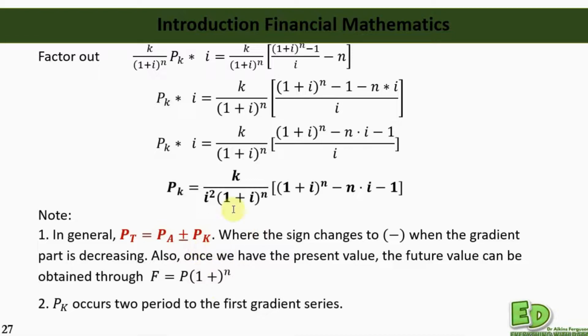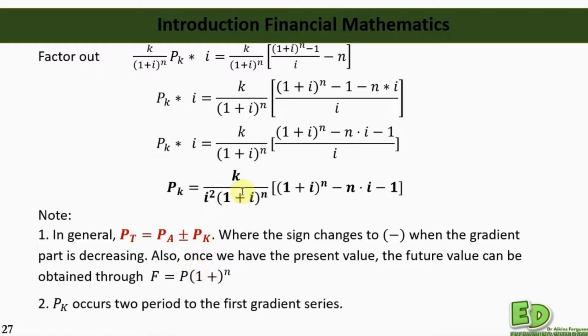The constant increment can be a positive value, which is an inflow, or it can be a negative value, which is an outflow. It could be that the salary you are receiving is reducing by 200 cedis, or it is increasing by 200 cedis. That is what the plus or minus here is trying to say. So if it is decreasing, you subtract. If it is increasing, you add.